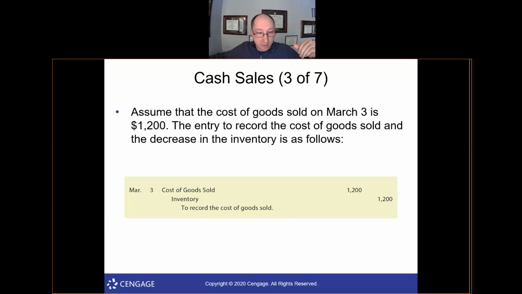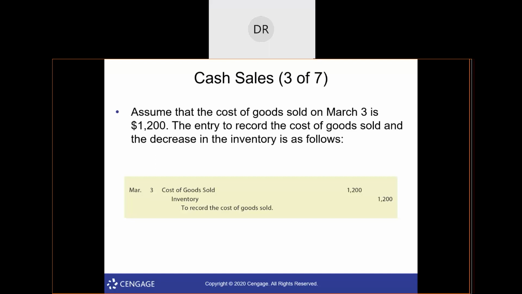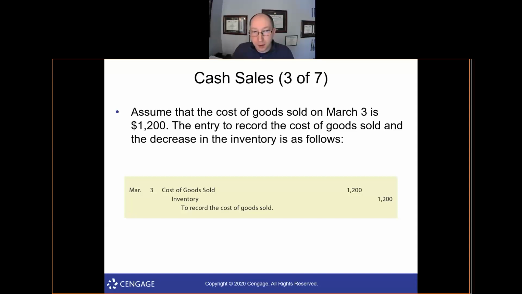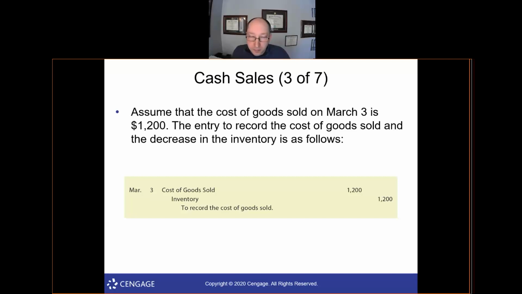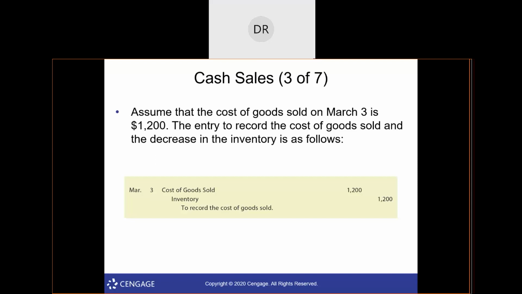David, does it make sense or do you have a question? So what goes out is credit, and what comes in is debit. That's typically, but that's only for assets.